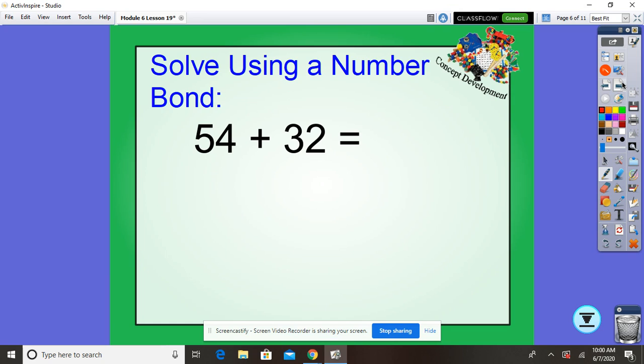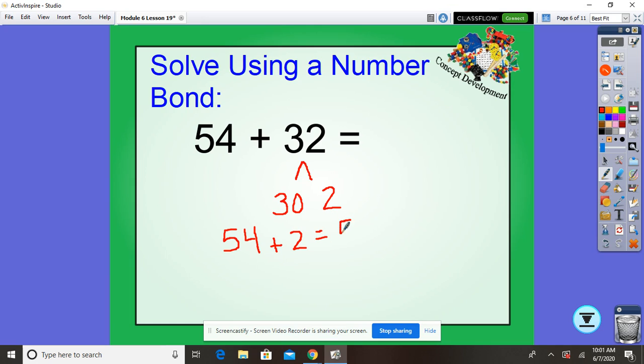The next way I'm going to show you is 54. So I'm going to put the number bond under 32. And 32, if we were to make a number bond, it would be 30 and 2. So I could add 54 plus 2. So 54, 55, 56, that equals 56.